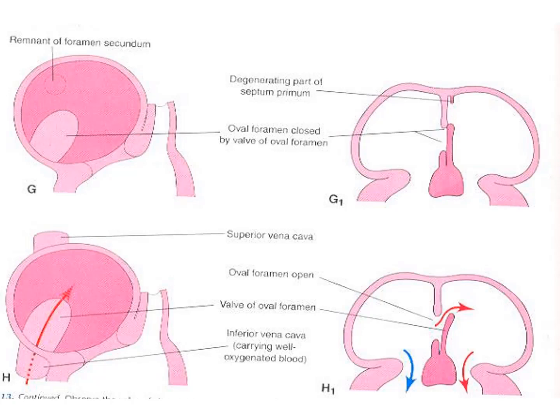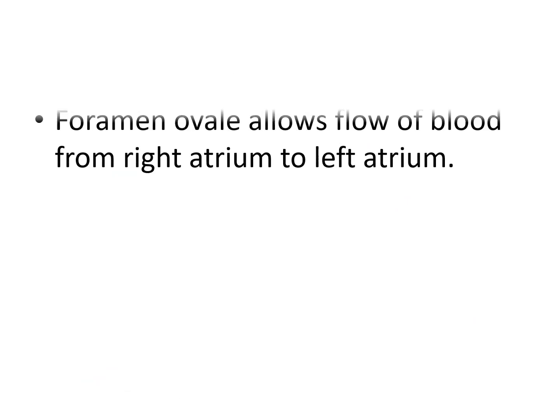When we talk about the fetal circulation, I will give you more detail about this blue arrow, why this is red and why this is blue. So this foramen ovale allows the flow of the blood from the right to the left atrium.